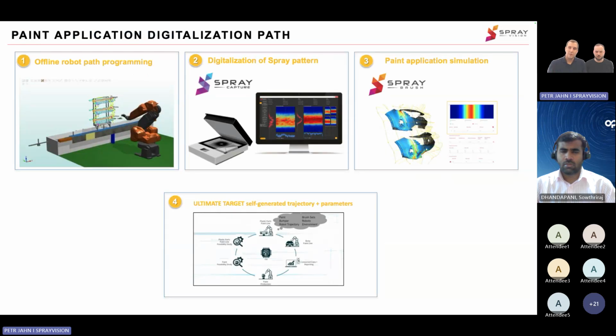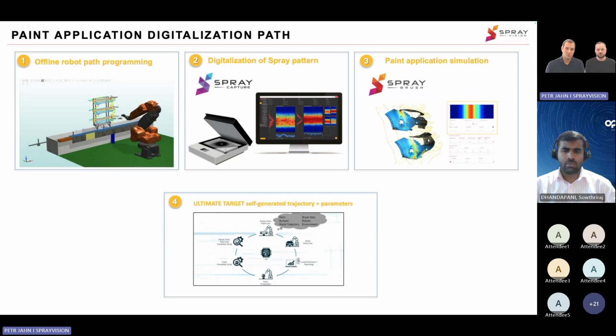Just a little placement of it on the digitalization path. A lot of you know offline robot programming. Then, to understand more what is really happening in the process, we introduced the SprayCapture, which gives an objective point of view on the coating process. Another logical step was the behavior of the atomizer, which helps significantly with finding parameters which are efficient and fulfill the request for the coating.